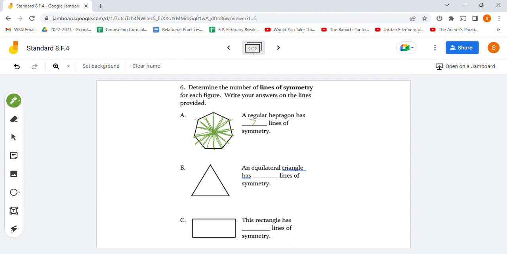The triangle is going to be the same, except instead of having 7 vertices, it has 3. So we've got those 3 lines of symmetry, 1, 2, 3 right there. And the rectangle is a little different here, so we are going to have to cut this from edge to edge.